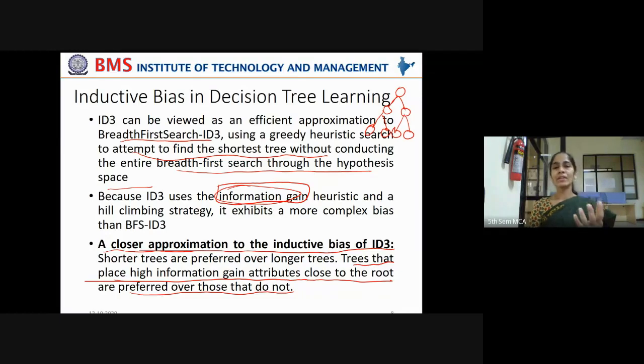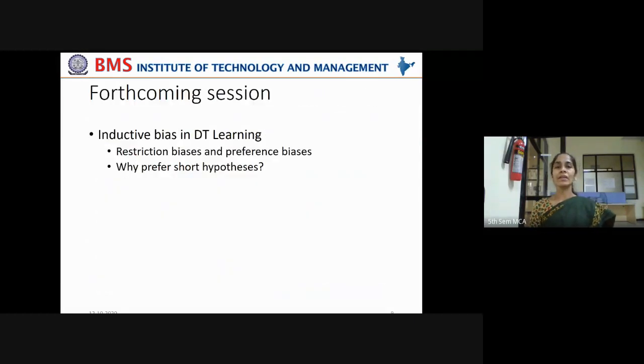So what are the assumptions? Two assumptions we made in the decision tree algorithm. Shorter trees are preferred over longer trees, and while checking them, if information gain is used, it will help the ID3 algorithm find the optimal decision tree quickly without having to search the entire hypothesis space. Right? This is the inductive bias in decision tree learning.